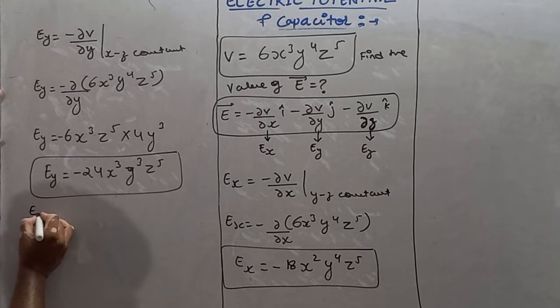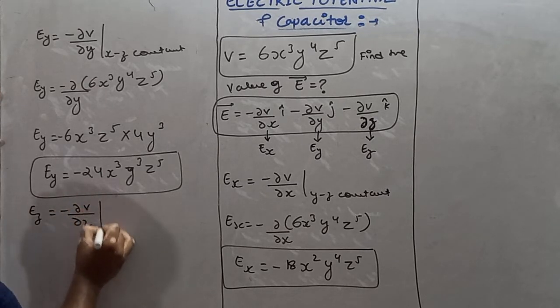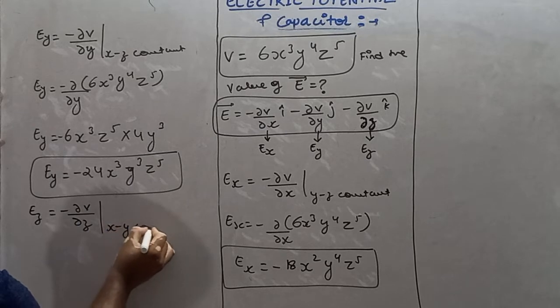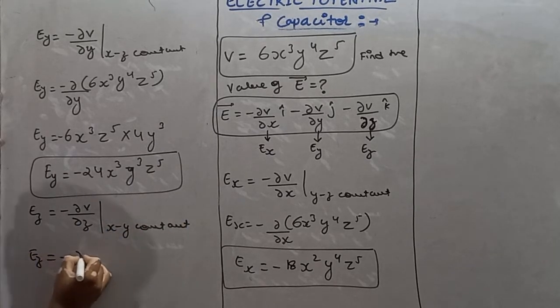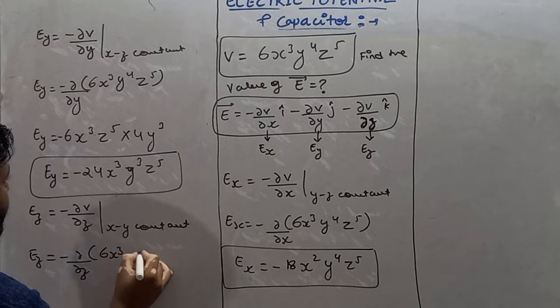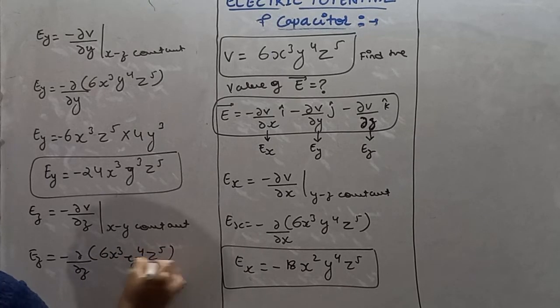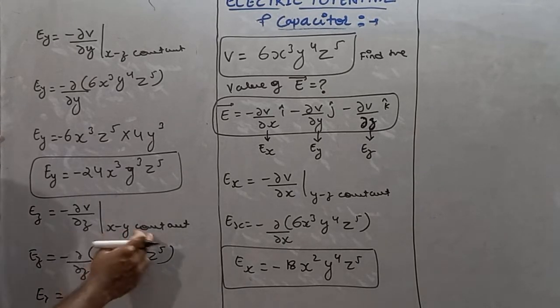Similarly, we have to find the electric field along the z-axis. It is minus del V by del z, keeping x and y constant. So Ez is equal to minus del V by del z of 6x cube y raised to the power 4 z raised to the power 5. Remember, we differentiate only with respect to z, keeping x and y constant.